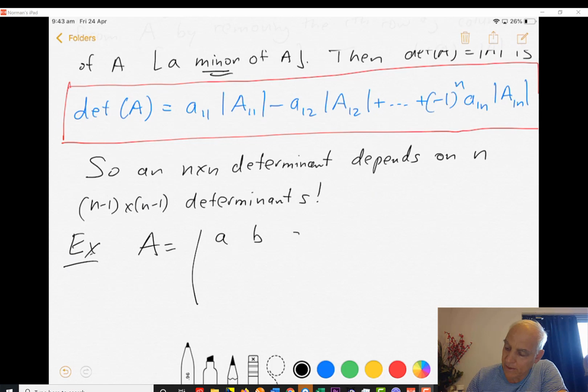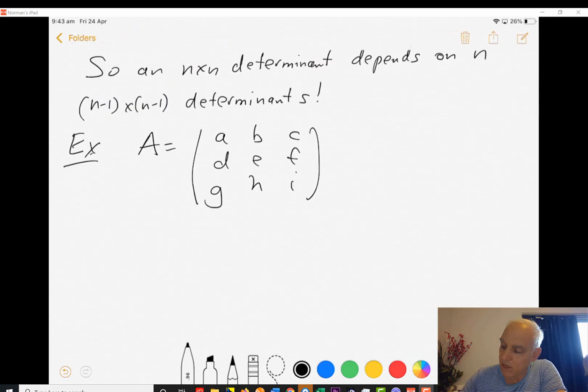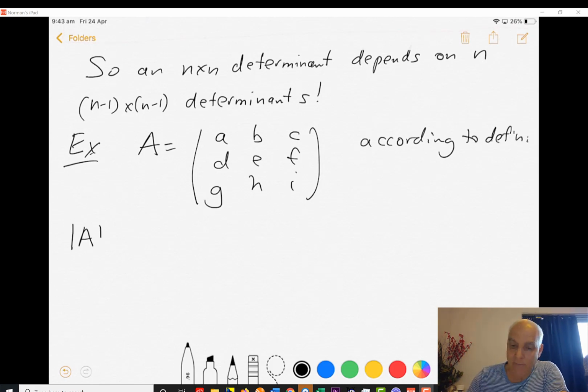So we'll stick with the same 3 by 3 matrix, A, B, C, D, E, F, G, H, I. According to the definition now, what should the determinant be? It should be A times the determinant of the matrix E, F, H, I. So notice that what's inside here is the matrix A sub 1,1.